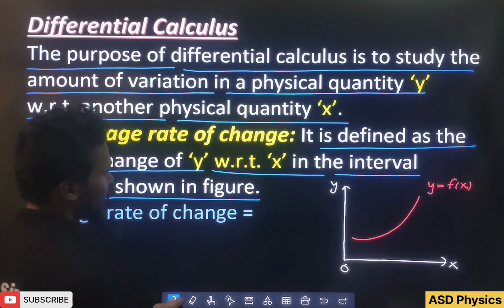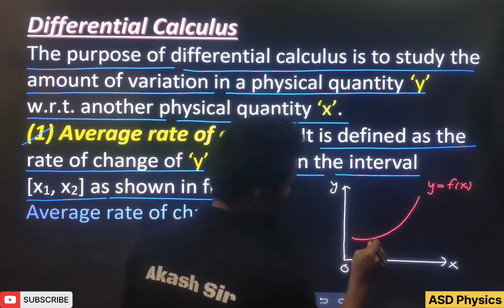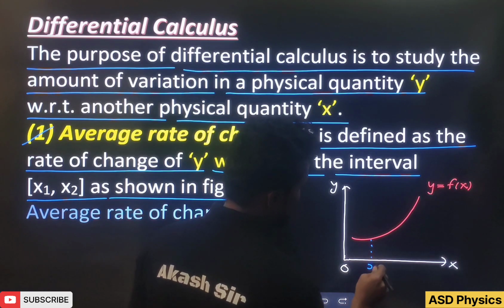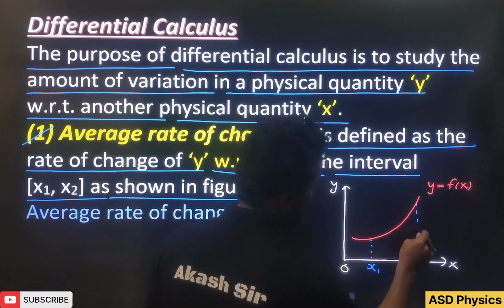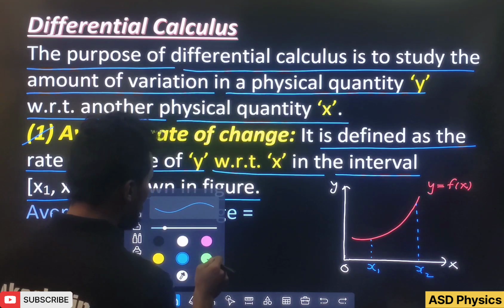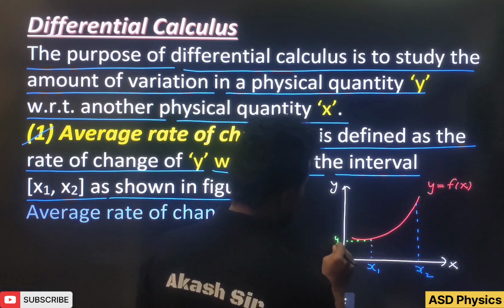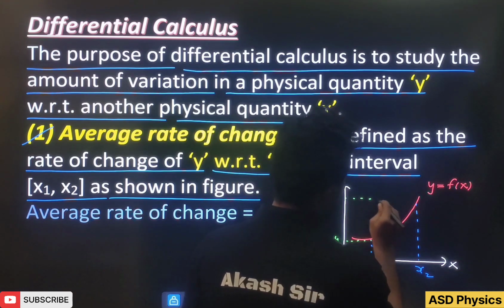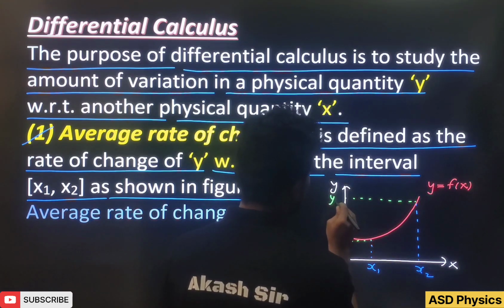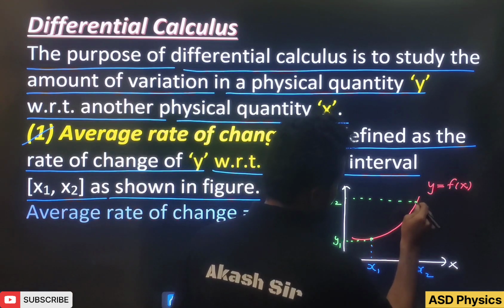I want to see the average rate of change in some interval. Let's take this point x1, and this point x2. Corresponding to these independent x1, x2, let's take on the y-axis y1, and on the y-axis this is y2.